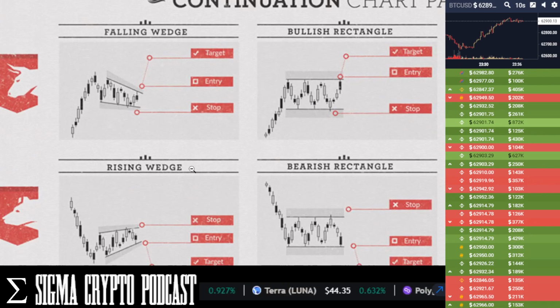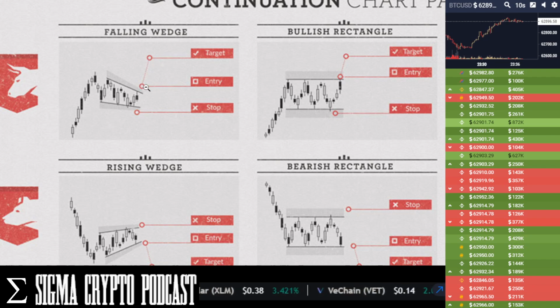So you can look here, say for example this falling wedge is in almost the same situation as Bitcoin is in right now, where imagine this is the all-time high, and above it is price discovery. So you might say, how do you find a target then?